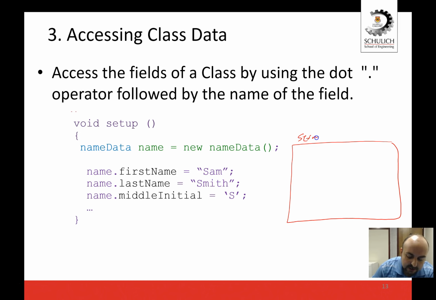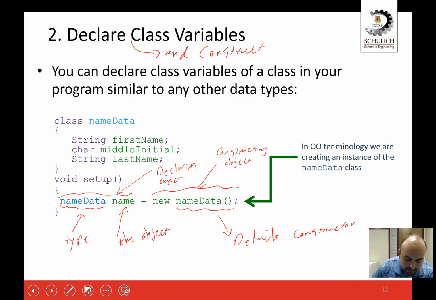We start setup and we have an object name, so it's declared, so it's in memory. And then we're going to actually construct the object like so. And inside of that object, if you recall, if we go back, we have first name, middle initial, and last name.